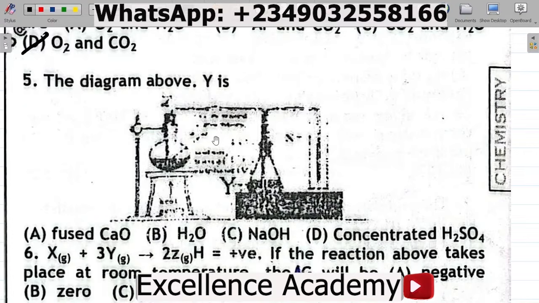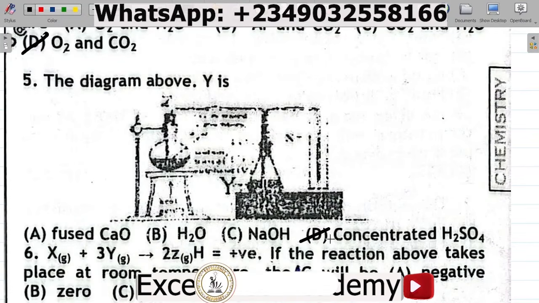So the setup requires the production of sulfur dioxide. Hence, the right answer should be the concentrated H2SO4 because this is what is needed in the release of SO2. So that's the answer to this.